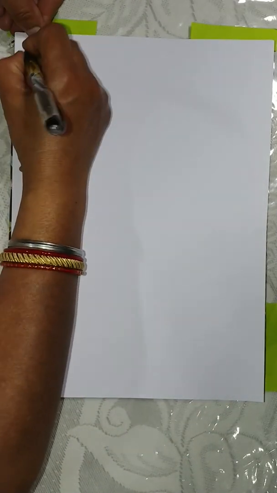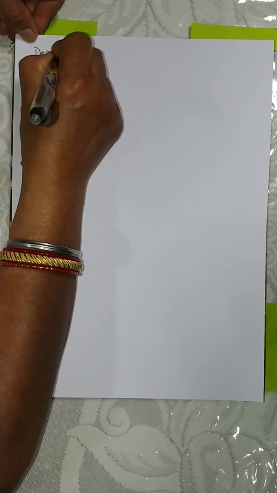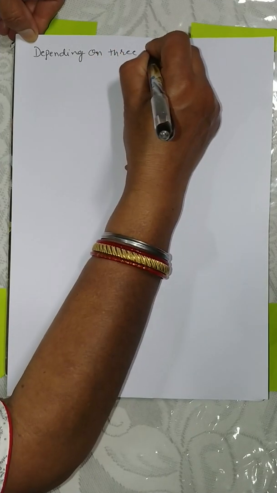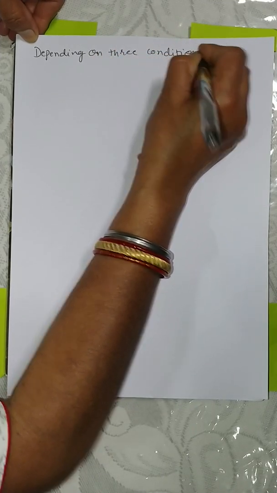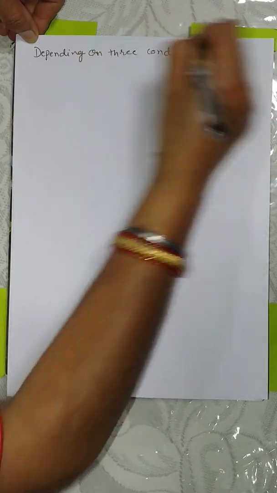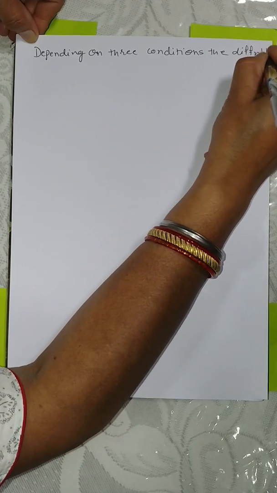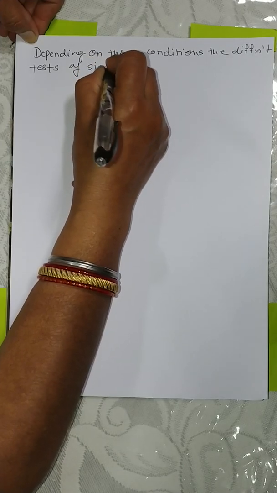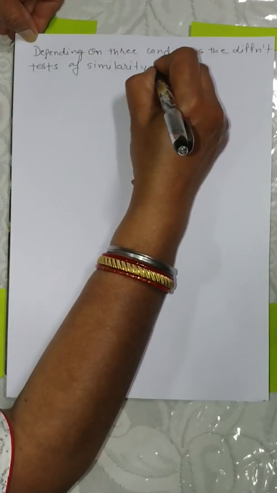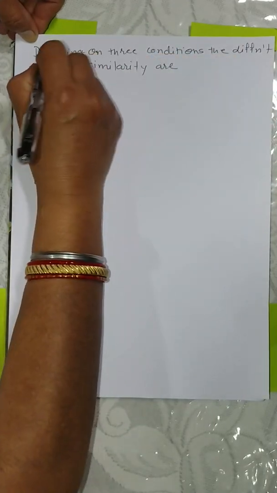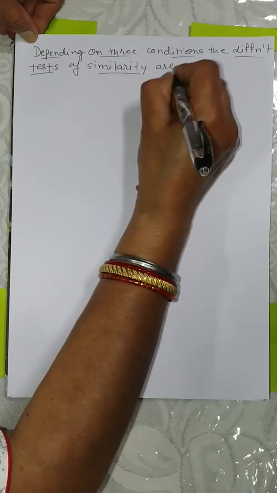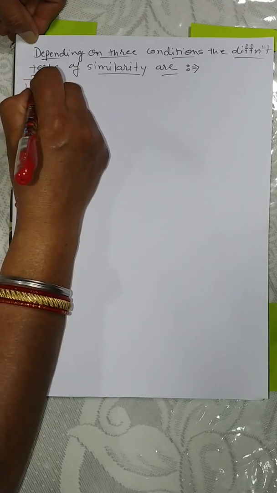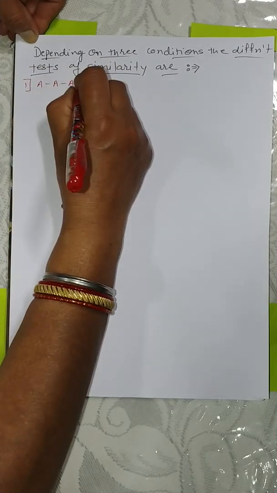So depending on three conditions, the different tests of similarity are: first test of similarity is AAA test.